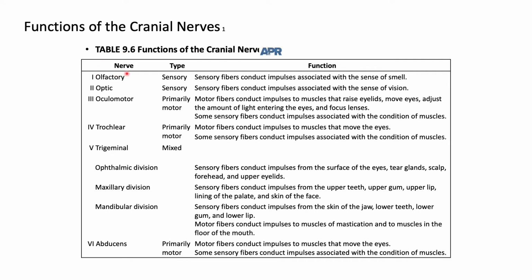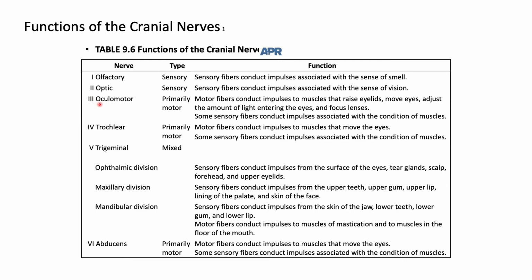Starting with cranial nerve number 1, which is called the olfactory nerve. This nerve carries sensory information from the nose, the sense of smell. Cranial nerve number 2 is called the optic nerve, which carries sensory information from the eyes, so basically the sense of vision.